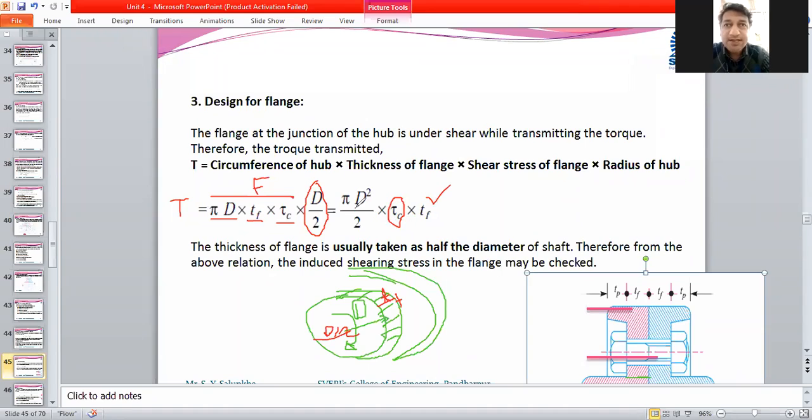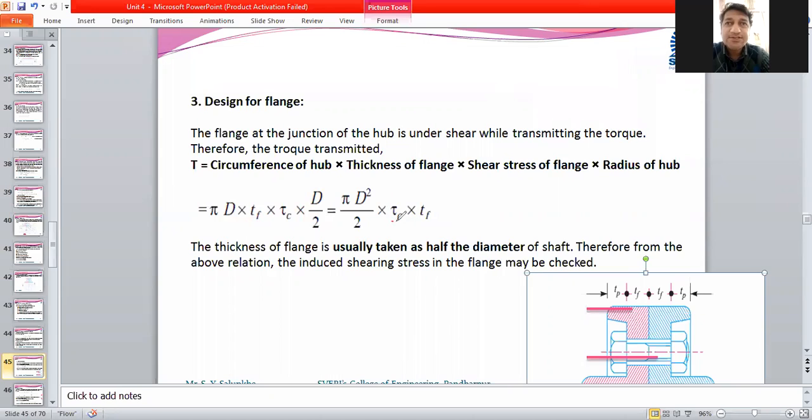If we select these proportional dimensions, that is the hub diameter and the thickness of the flange, we just have to check for the given torque whether these stresses are within the limit or not. So this equation will help us calculate the stresses induced in the flange, or the torque which we can transmit with the help of the flange, whether it is capable of transmitting it or not.